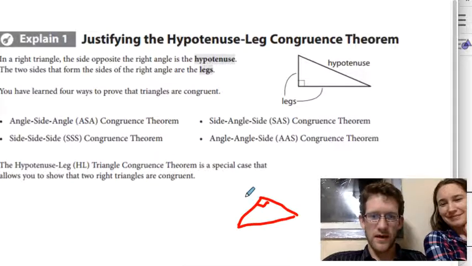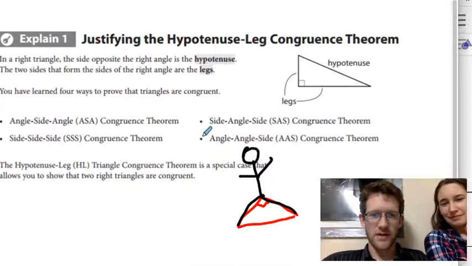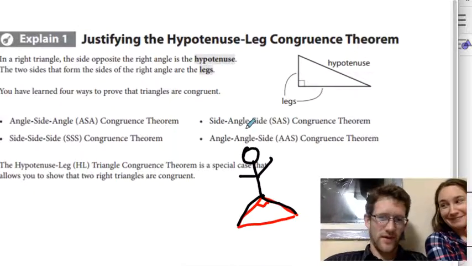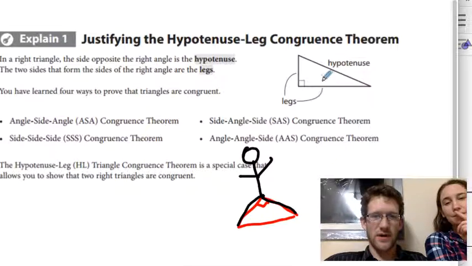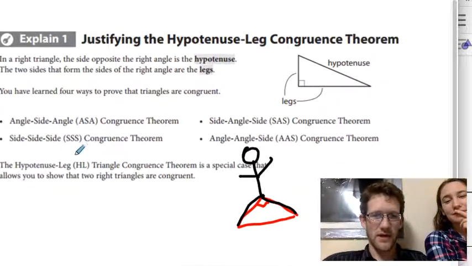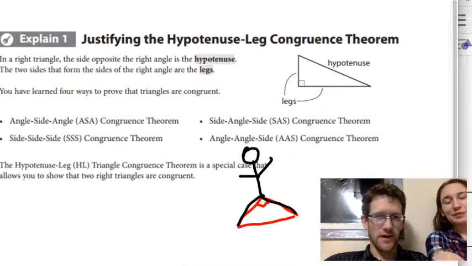And then I say, oh hey, look at this. It's like a guy. Here's his legs, here's his arms, here's his head, and here's his 90-degree crotch. So I remember now that these are legs, legs, and that means the other side has to be the hypotenuse. So keep that in mind when you're thinking about HL, hypotenuse leg triangle congruence theorem.